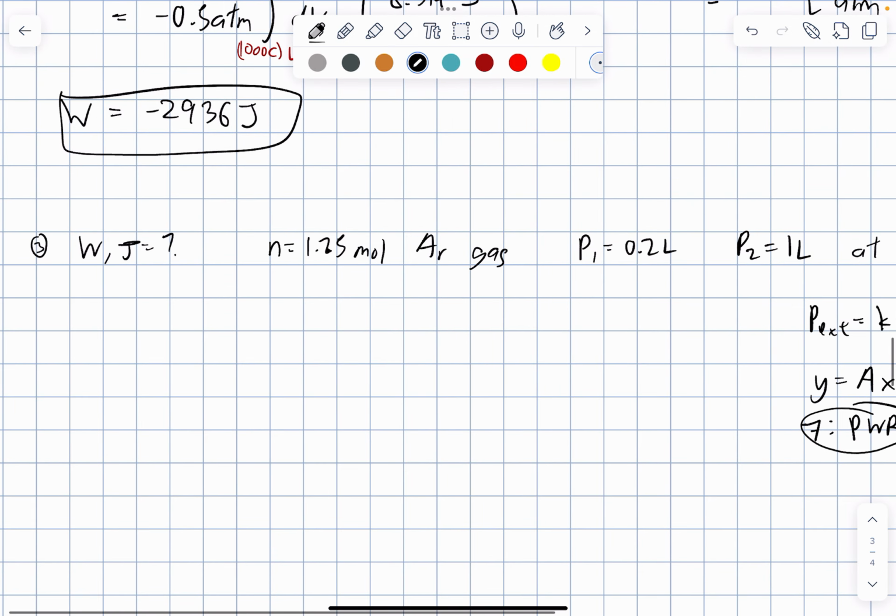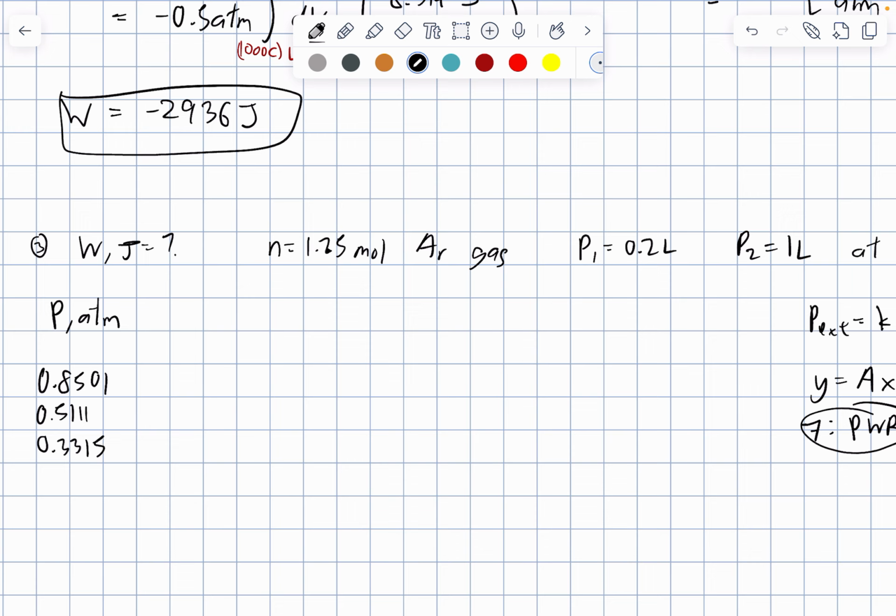So we are given data, no? In this case, I'll just write it down. P, pressure in atmosphere, we have 0.8501, 0.5111, sorry, four decimal places, 0.3315, 0.2411, 0.1885. And then volume in liter is 1, 1.5, 2, 2.5, and then 3.